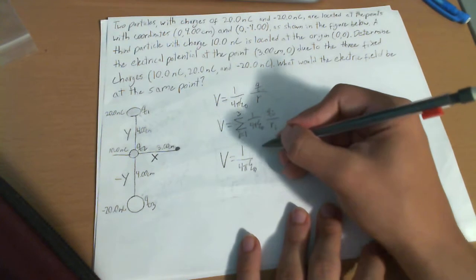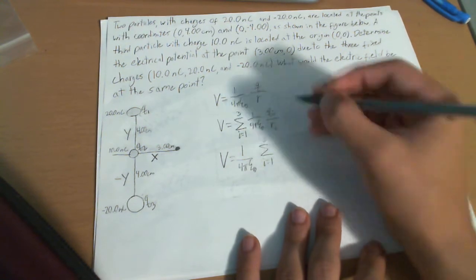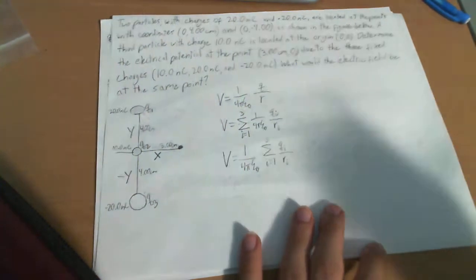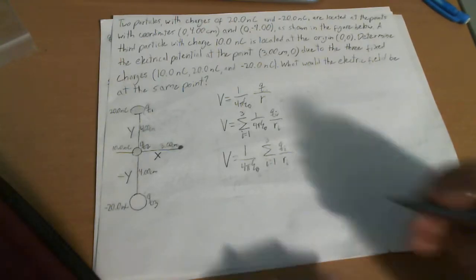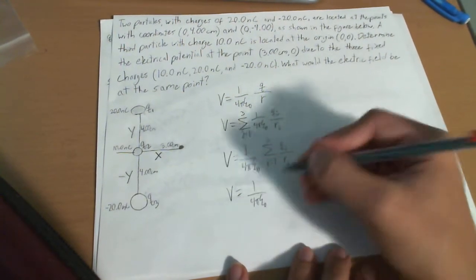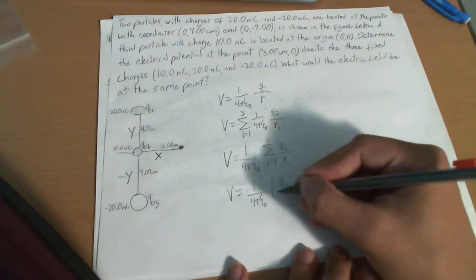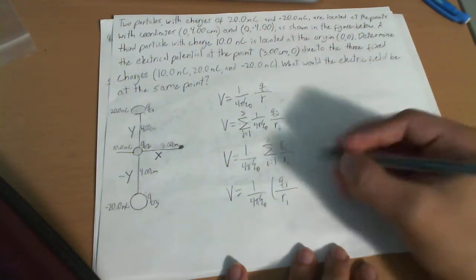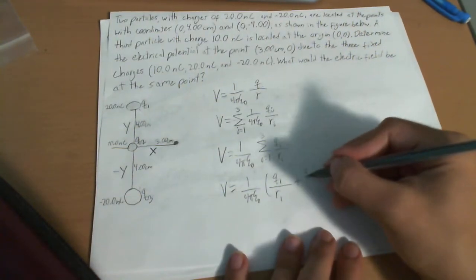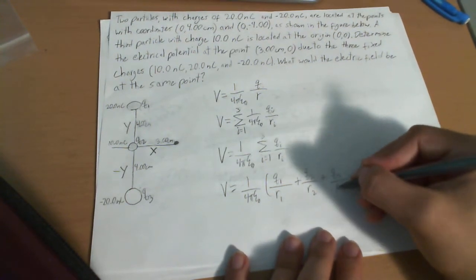So that'll be 1 over 4 pi epsilon naught times the sum, and now let's write it out: Q1 over R1 plus Q2 over R2 plus Q3 over R3.